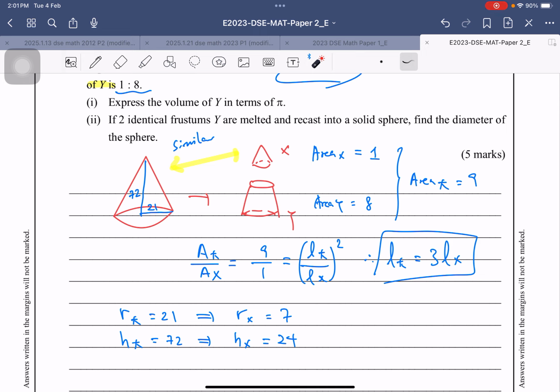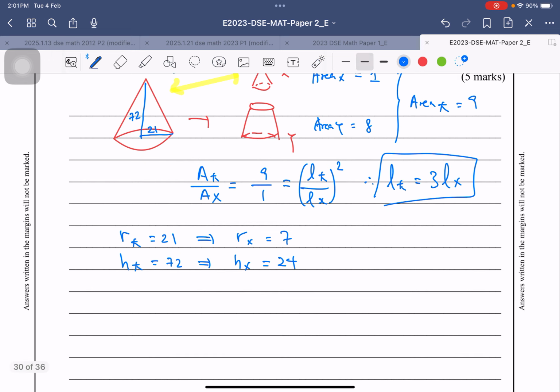Is this okay? So now you need to find out the volume of Y. The Y, which means the frustum. So using the large volume minus the smaller volume. The volume of Y is equal to the volume of the big one minus the volume of X. Then what's the formula of the volume of the cone? 1 over 3 pi r squared h.